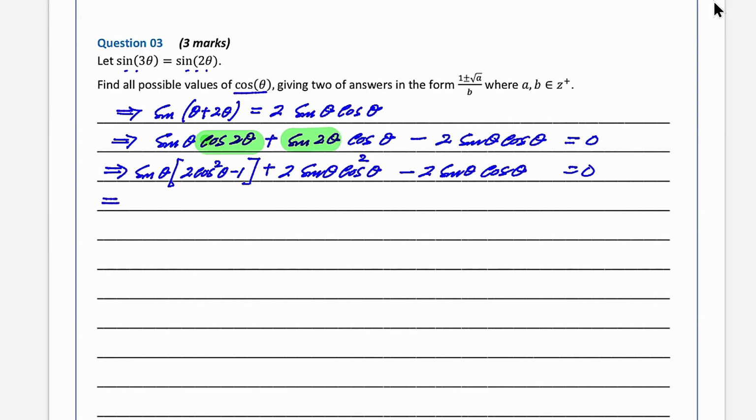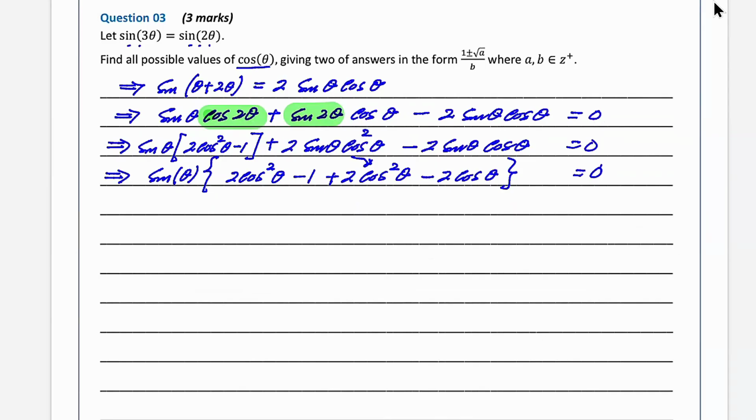Now you can see sine theta is common, so I'm going to take sine theta out. When I take sine theta out, I get 2 cos square theta minus 1 plus 2 cos square theta, that is coming from here, right? Minus 2 cos theta. Is that all right? Now simplify.